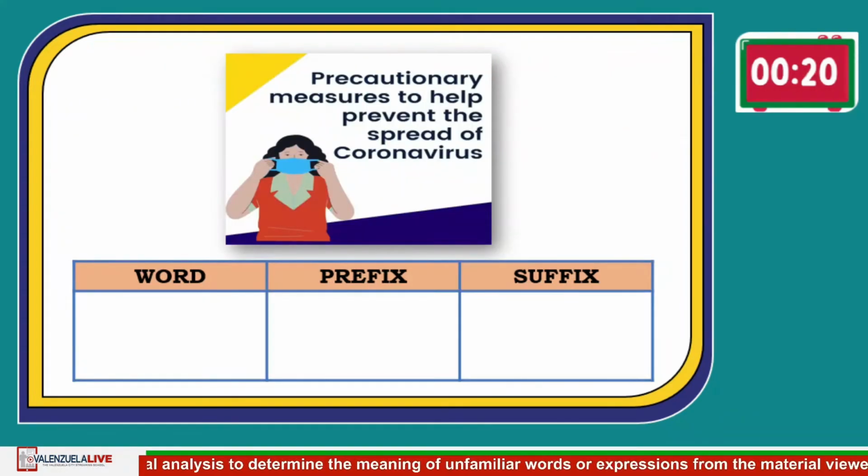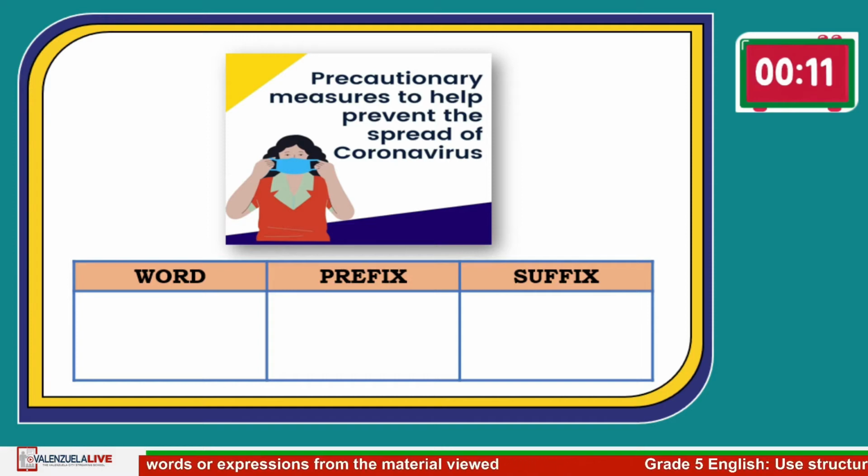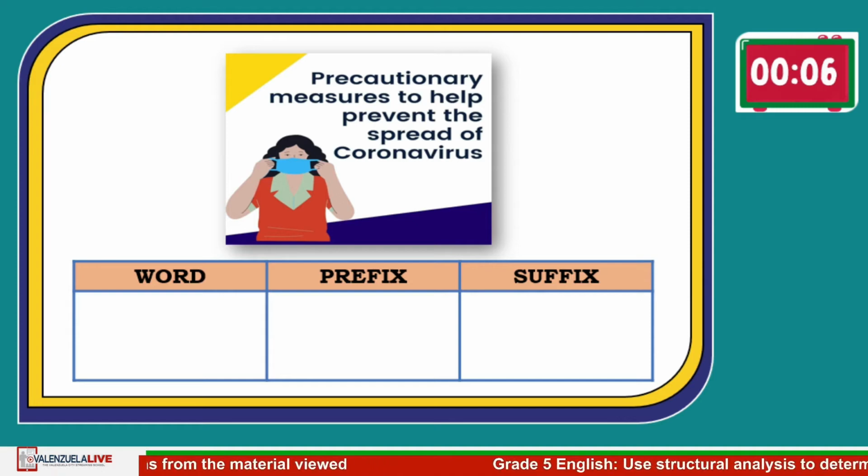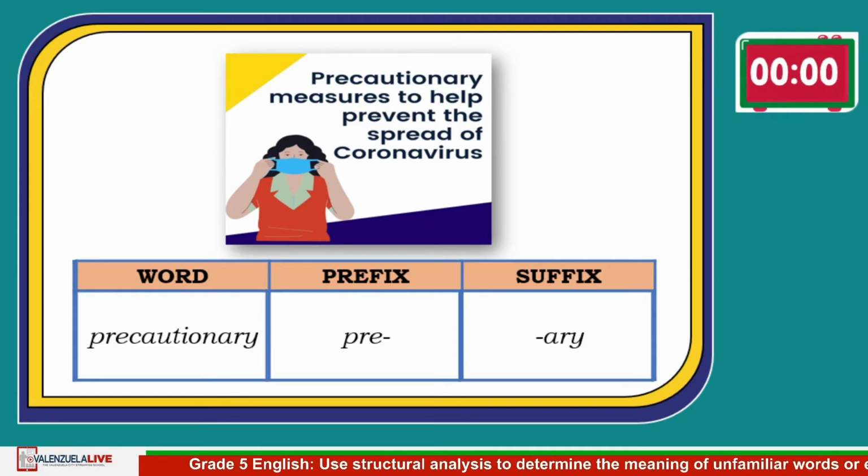Next. Let's check. The word is precautionary. It has the prefix pre and the suffix ary, A-R-Y.